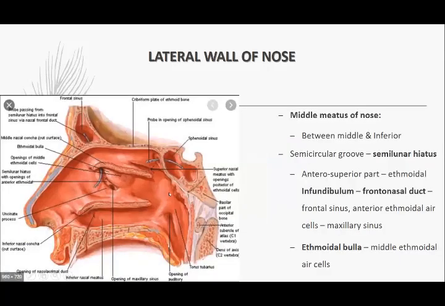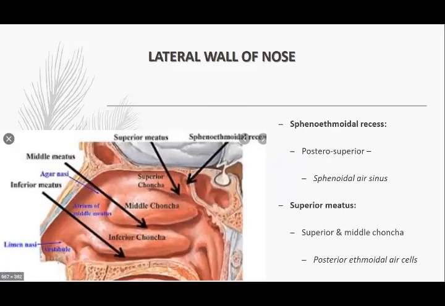In this meatus you have the opening of the posterior ethmoidal air cells. Now these posterior ethmoidal sinuses, air cells, they drain into the superior meatus.